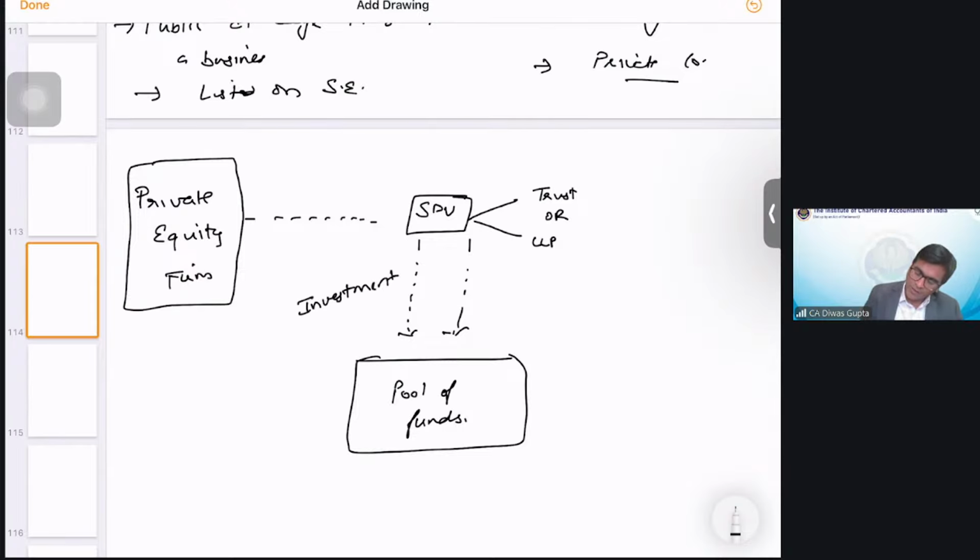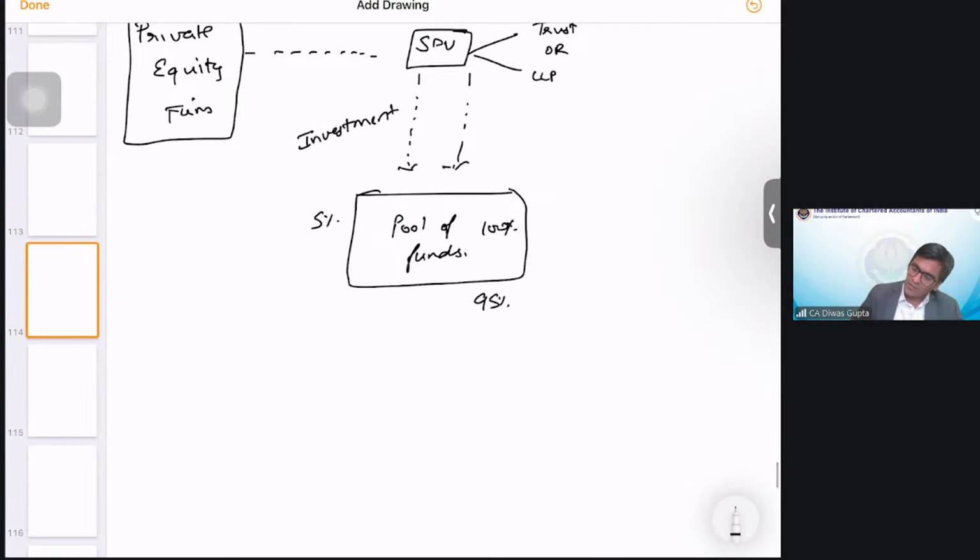Let's say the pool of funds is, for example, 100%. Out of that, 5% will come from the private equity firm, and the balance 95% will come from investors like banks, financial institutions, pension funds, where they have money to be invested, high net worth individuals, and so on.